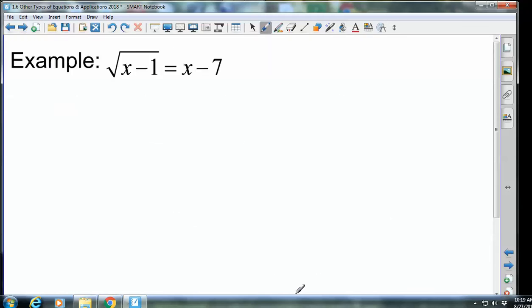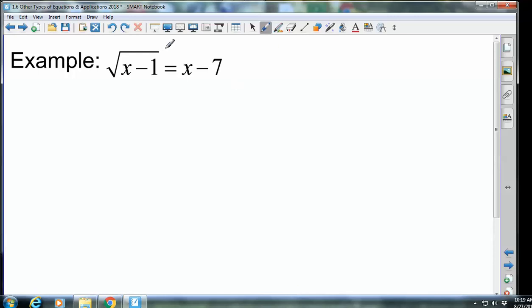Last example for the day. First step, isolate the radical, but it's by itself.